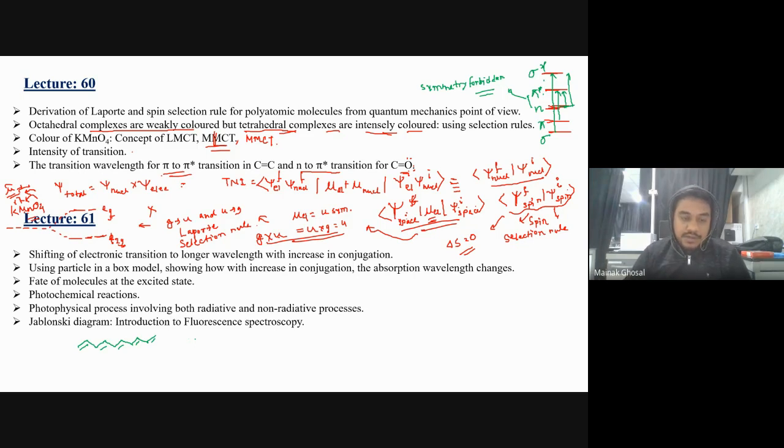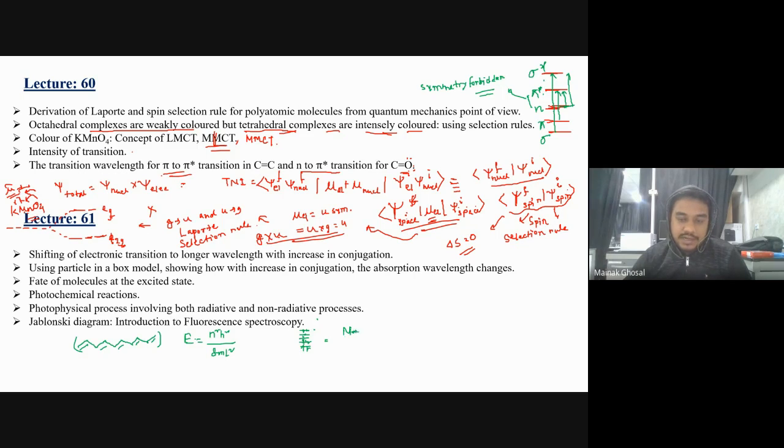If you consider the particle in a box model, the energy is n squared h squared by 8mL squared. Suppose in this system there are 10 pi electrons, so you can consider this for 5. From 5 to 6 the transition will happen. If you put these values, suppose n carbon atoms are there, then n by 2 will be the HOMO and n by 2 plus 1 will be the LUMO.